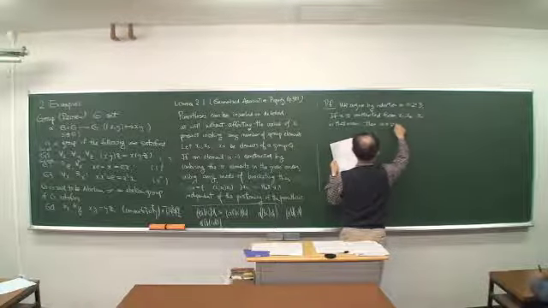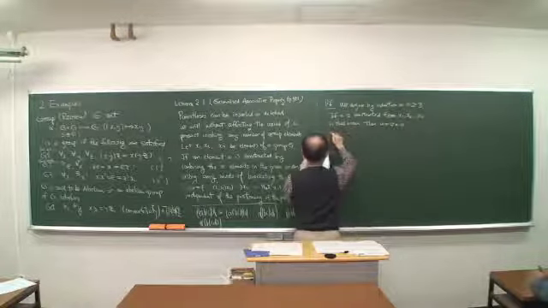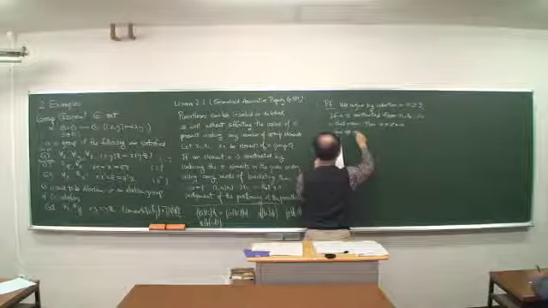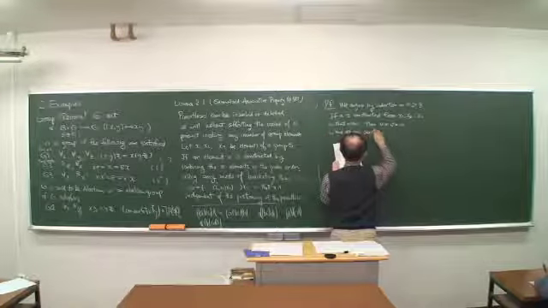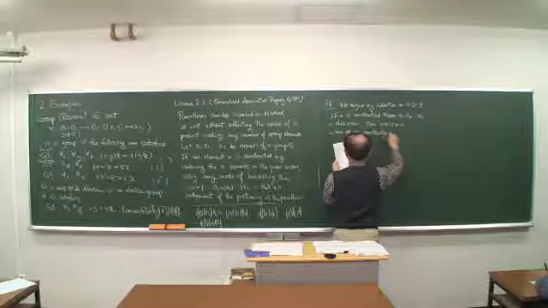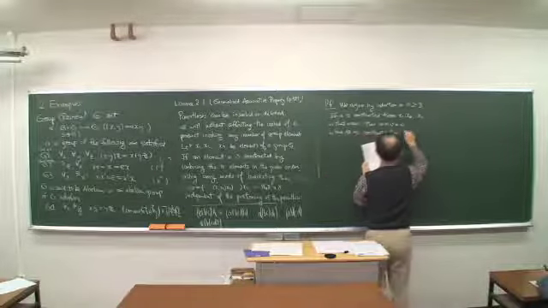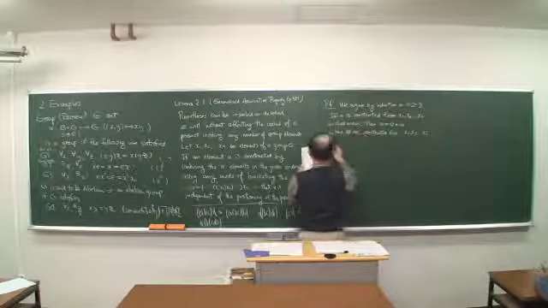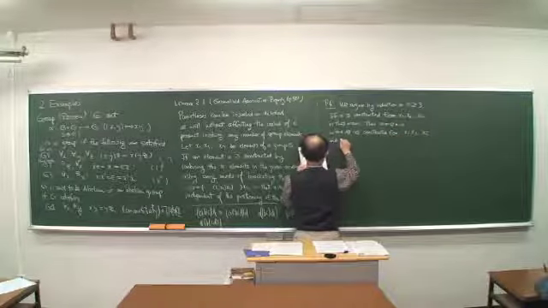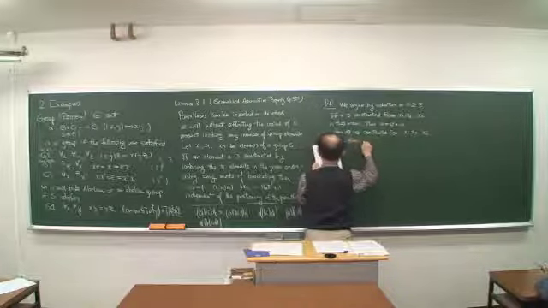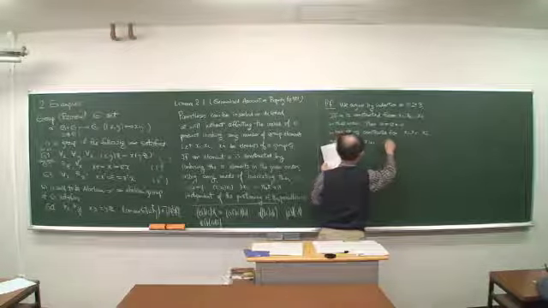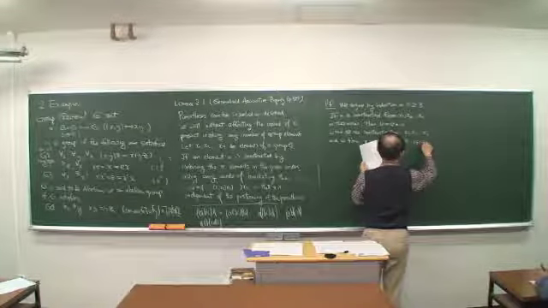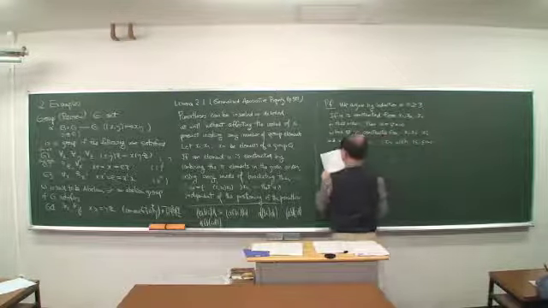u equals v star w, where v is constructed from x1, x2, ..., xi, and w from xi plus 1, ..., xn, with i at most n minus 1.